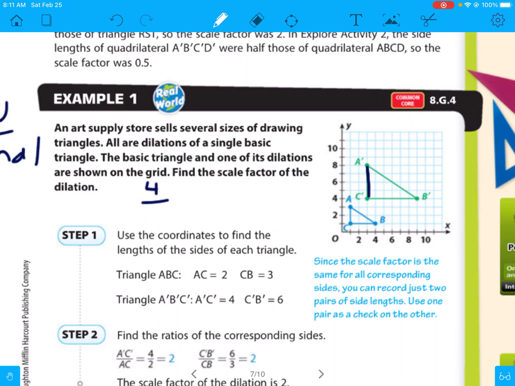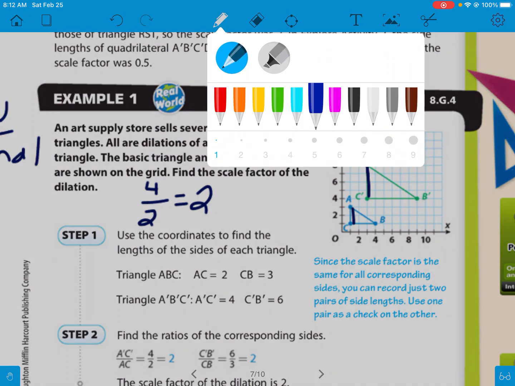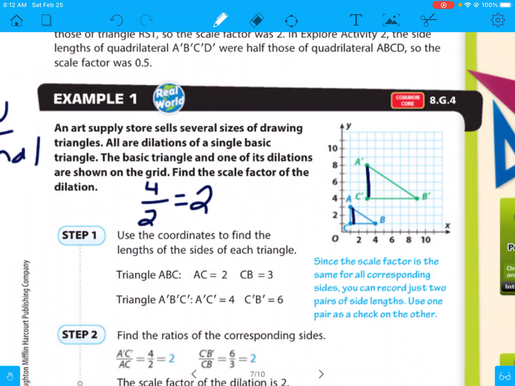Now we're going to match that up with AC, the original one. You can tell that the AC here is 2. So 4 divided by 2 equals 2. It looks like it's a scale factor of 2, but let's check the other side just to be sure. The new C to B is right here, and we have 1, 2, 3, 4, 5, 6.